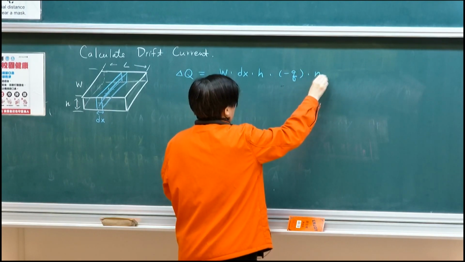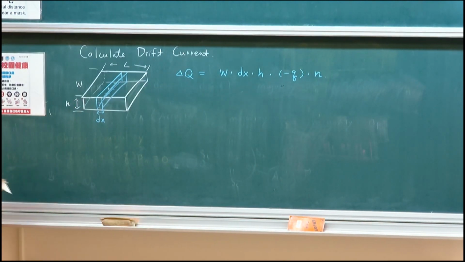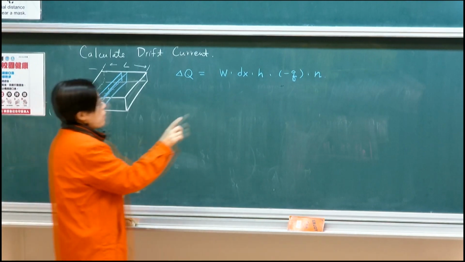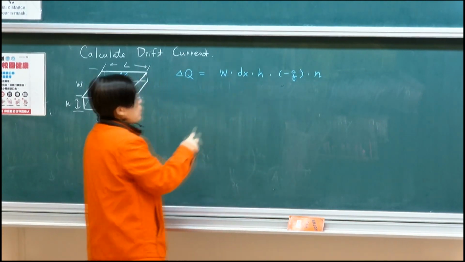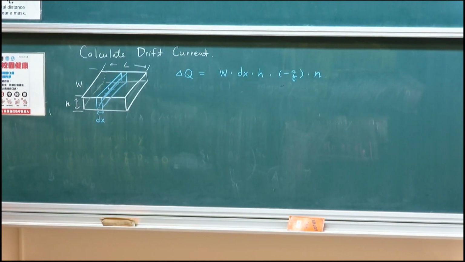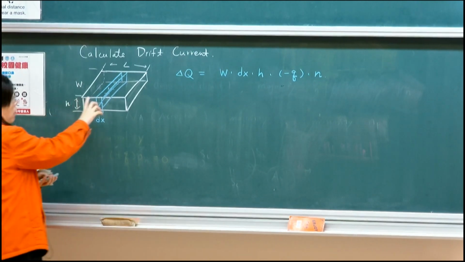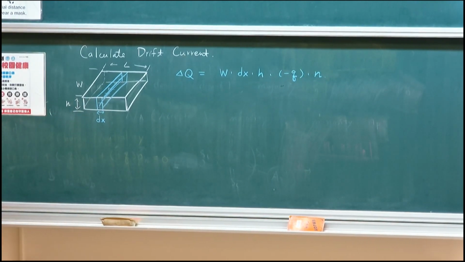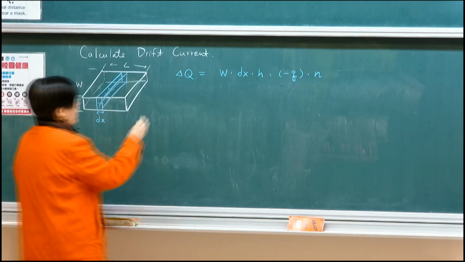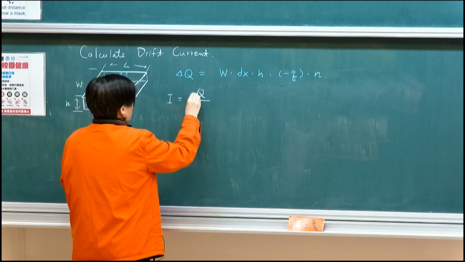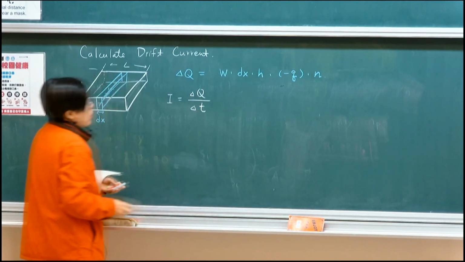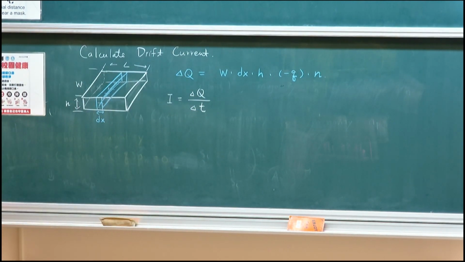Let's use the N-type semiconductor. So the density of carrier, the amount of charge it contains, times the volume of this region, will give you the delta Q within this blue box. So what is I? By definition, I is Q divided by time. How fast does a charge move within a particular time?